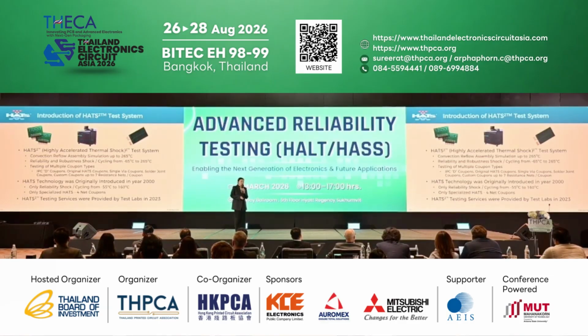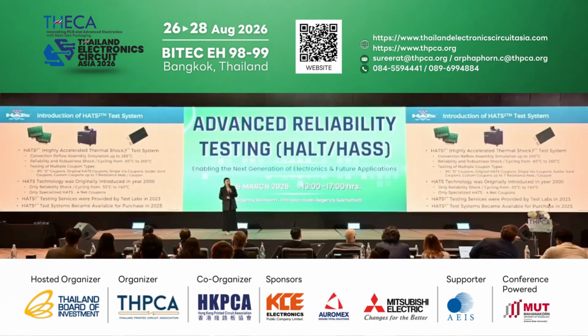Right now, we have spent years of R&D on developing HATS2 coupons. HATS2 testing services were provided by different third-party laboratories in the world in 2023. And the test system became available for purchase in 2025, last year.